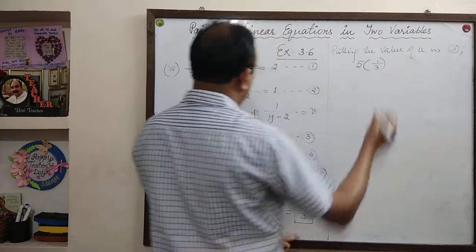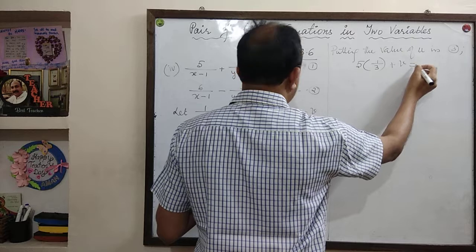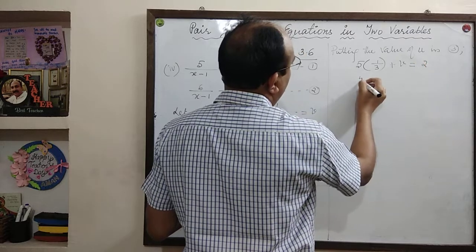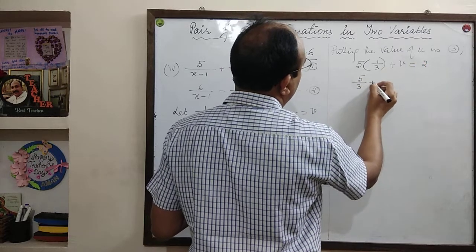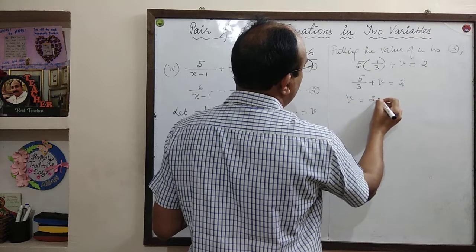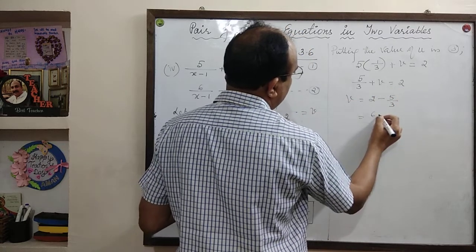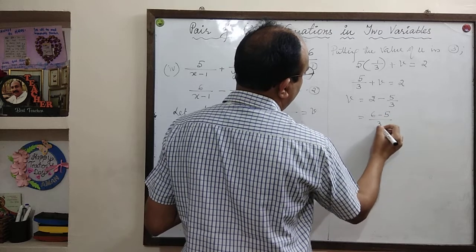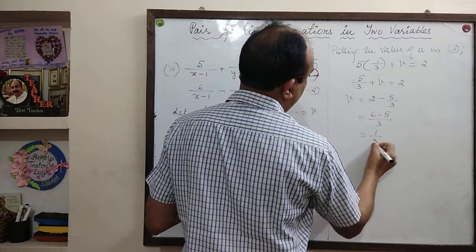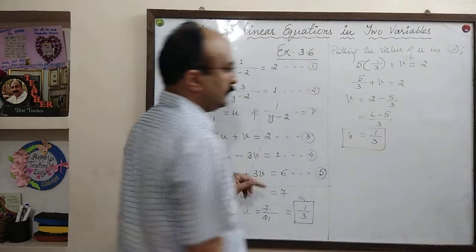So 5 into 1 upon 3 plus v is equal to 2. 5 upon 3 plus v is equal to 2, or v is equal to 2 minus 5 upon 3, which is 6 minus 5 upon 3, equal to 1 upon 3. We got the value of v also.